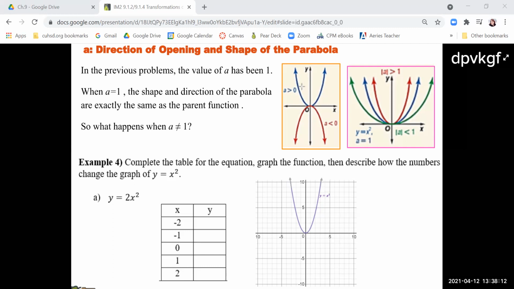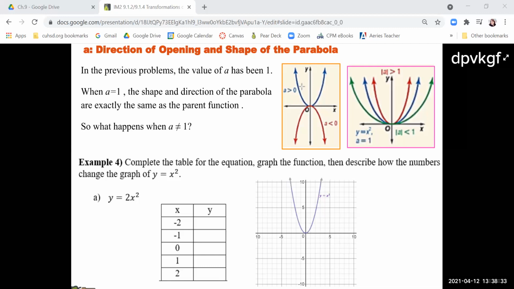So it'll be a much narrower looking, taller sort of parabola. If A is a number lower than 1, like 1/2, it will make the graph wider and slower growing, because it will slow down its steepness.